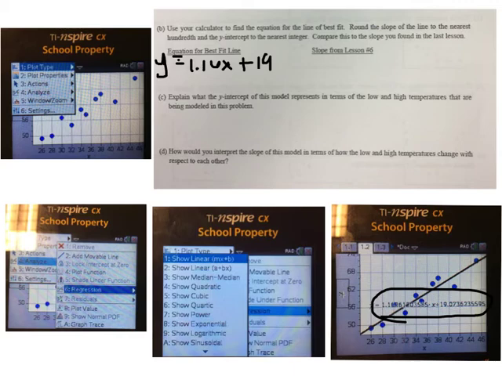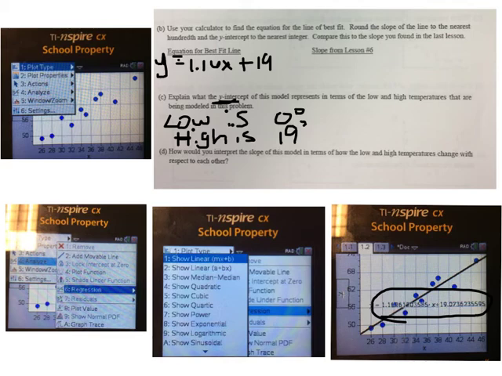So that's what my y-intercept is stating, that if my low temperature is 0 degrees, my high temperature is going to be 19 degrees.